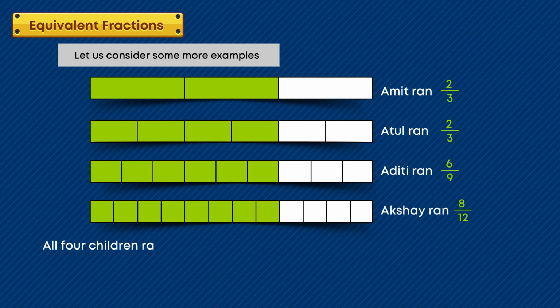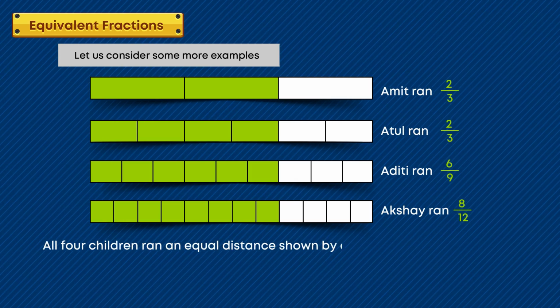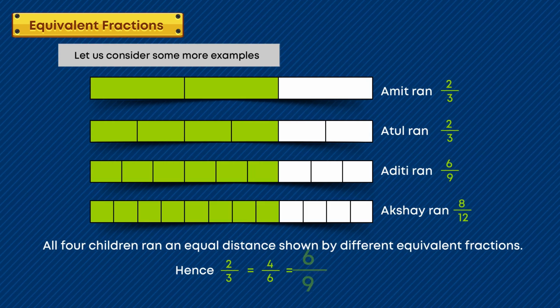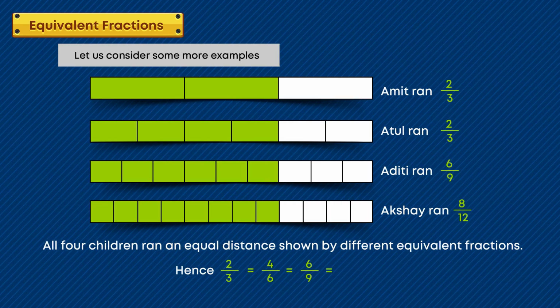All 4 children ran an equal distance shown by different equivalent fractions. Hence, 2 by 3 is equal to 4 by 6 is equal to 6 by 9 is equal to 8 by 12.